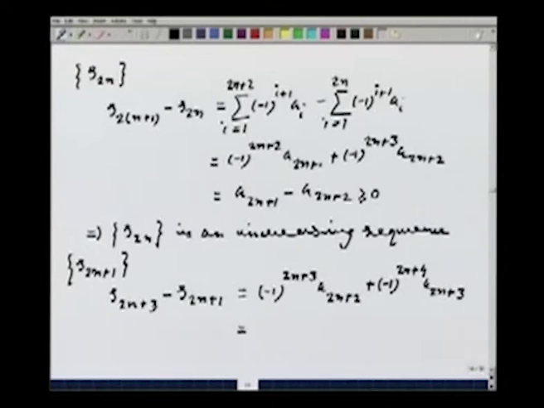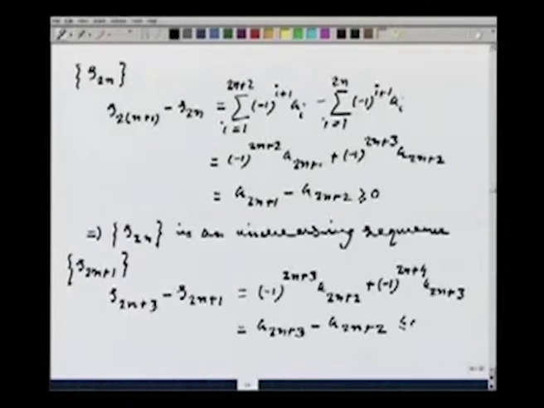That means a 2n plus 3, because minus 1 to the power 2n plus 4 is 1, minus a 2n plus 2. But notice that the sequence is decreasing. That means a 2n plus 3 is less than a 2n plus 2. So this is less than or equal to 0. So the behavior changes. This implies then that the sequence S2n plus 1 is a decreasing sequence.